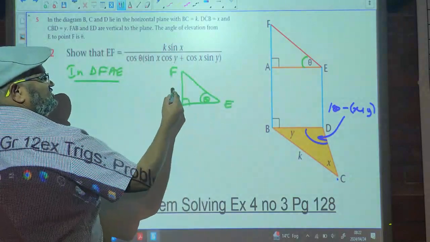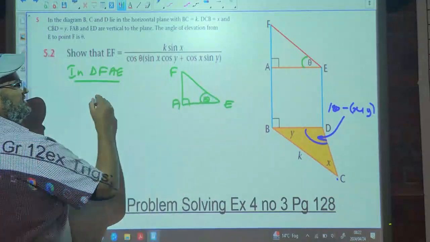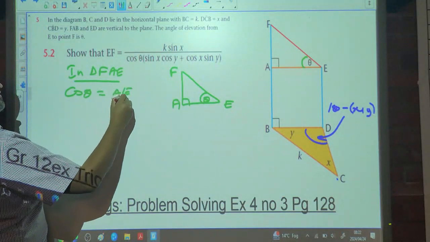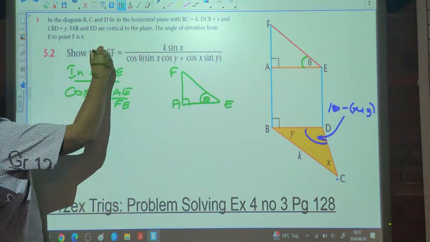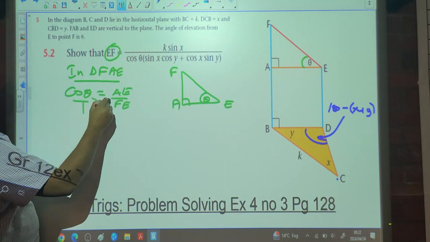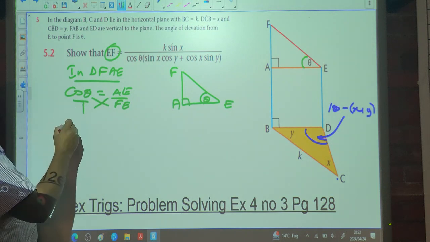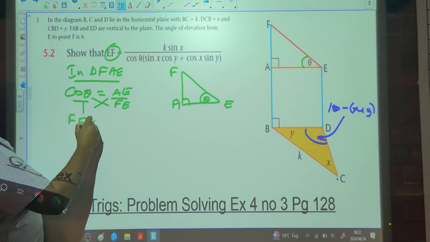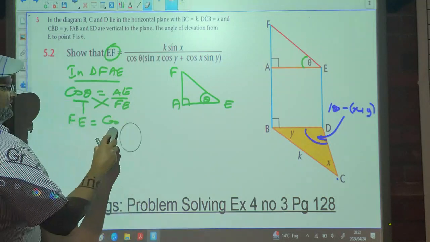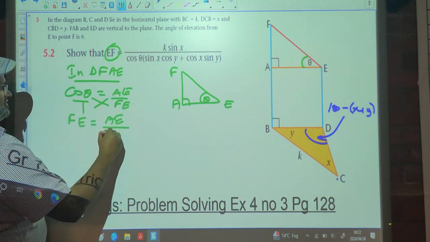So, which trigonometric function is adjacent and hypotenuse? Cos. So we're going to say cos of theta equals AE over EF. Remember the one that EF is the subject of the formula. So cross multiply, so I get EF cos theta is equal to AE and then divide by cos of theta. So EF is equal to EA over cos theta.